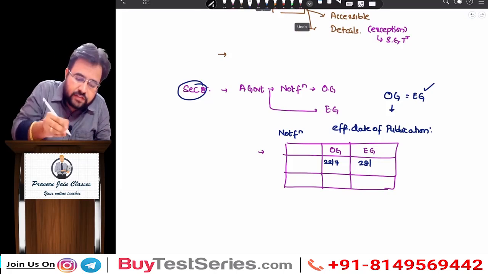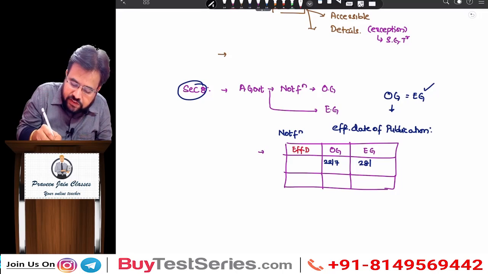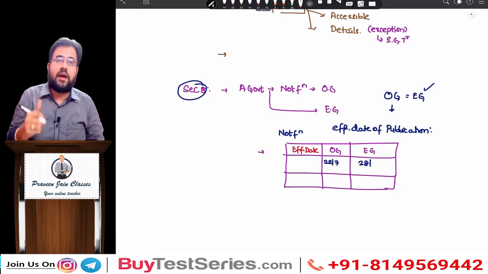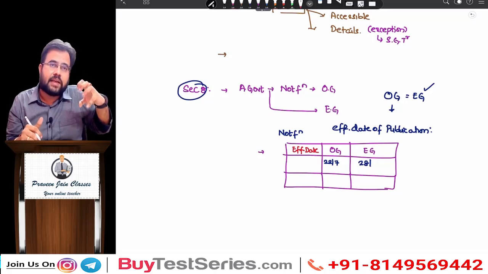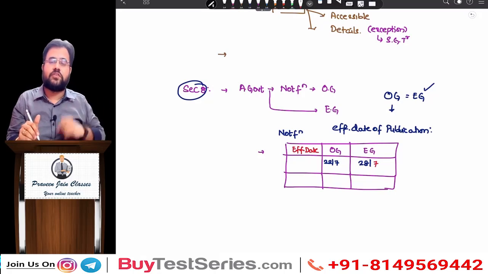So now my question is, what is the effective date? From which day will that notification be effective, sir? Meaning, government has passed their notification in both gazettes, sir. One is on 22/7, one is on 28/7.